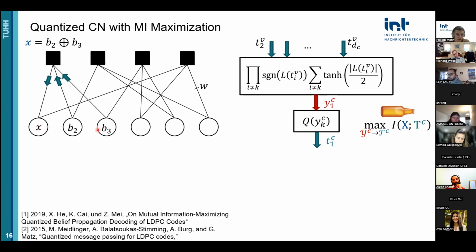We have those 3 variables, and we can obtain extrinsic information about x from B2 XOR B3. And this can be used to derive such a computational domain update using the extrinsic messages. And again, we obtain a high resolution number like for the variable node.